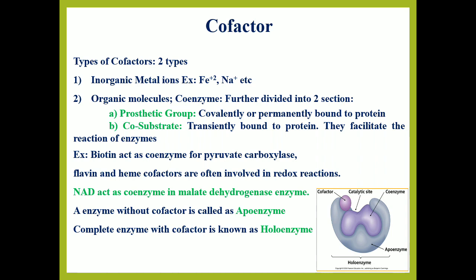For example, biotin acts as a coenzyme for the pyruvate carboxylase enzyme to convert pyruvate into oxaloacetate. In a similar manner, flavin and heme are also cofactors involved in different redox reactions. An enzyme without a cofactor is known as an apoenzyme, while in the presence of a cofactor it is known as a holoenzyme.